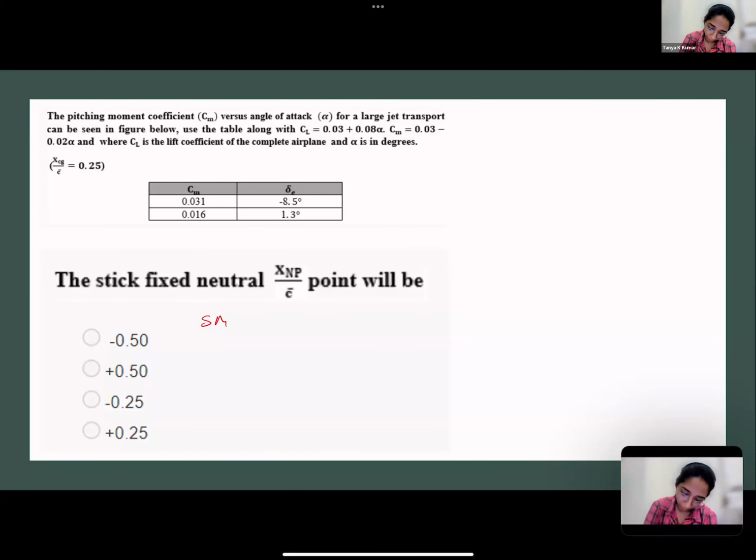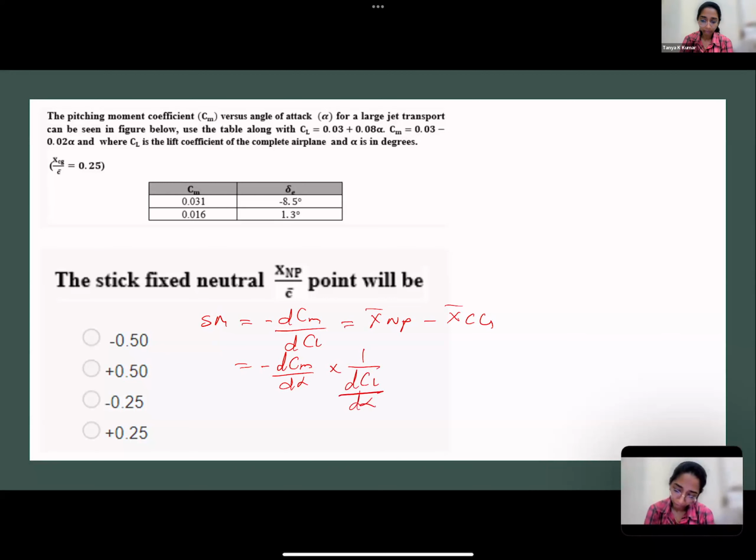Static margin is minus dCm by dCl, which is x bar NP minus x bar CG. I will modify this and write it as minus dCm by d alpha into 1 by dCl by d alpha.